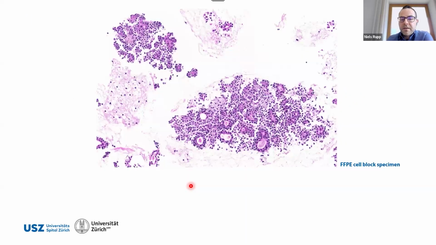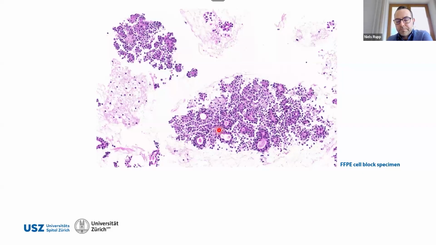So here's another example case of a parotid gland FNA, and here you can see some epithelial areas with these duct formation, and certainly around these ducts you can see another population which looks like myoepithelial cells. So in this, at least in this specimen, it looks like a biphasic neoplasm.